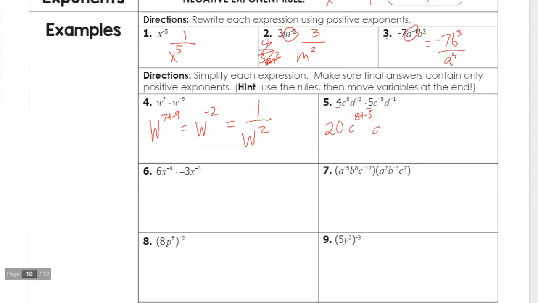And my d's, I have d to the -3 plus a -1. So what can we simplify here? Well, our c stays positive because that becomes 8 minus 5, so that is c cubed. But our d is -3 and -1, so that's d to the -4th. So again, only the negative moves, so we have a final answer of 20c cubed over d to the 4th.